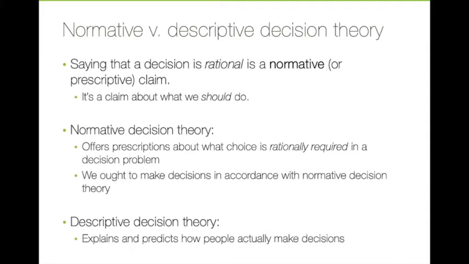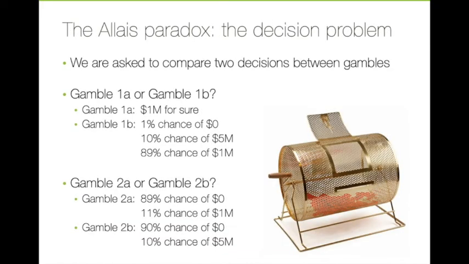Descriptive decision theory tells us what people do choose, not what they should choose. The Allais paradox was initially proposed as a challenge to the normative principle, maximize expected utility. So for our purposes, we're going to focus on how it helps illustrate this distinction between normative and descriptive decision theory. Here's how the paradox is set up.